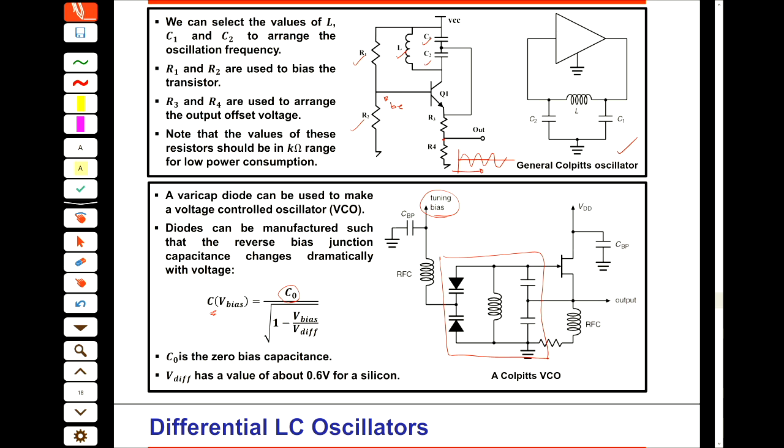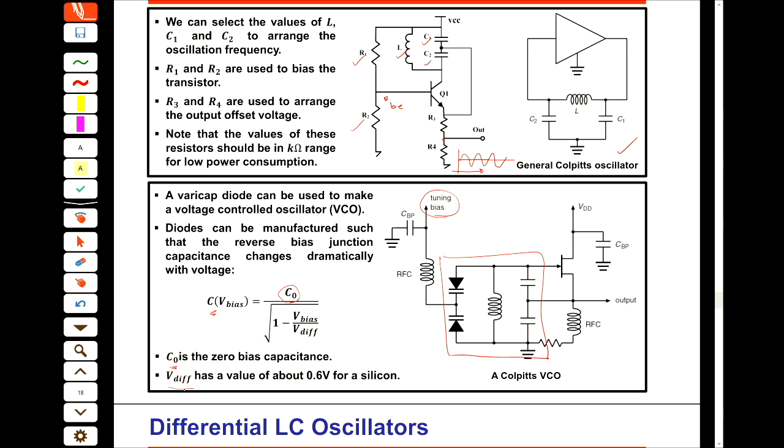So the overall capacitance is decreasing. There are many varactors available commercially, for low frequency and high frequency, with different packages.